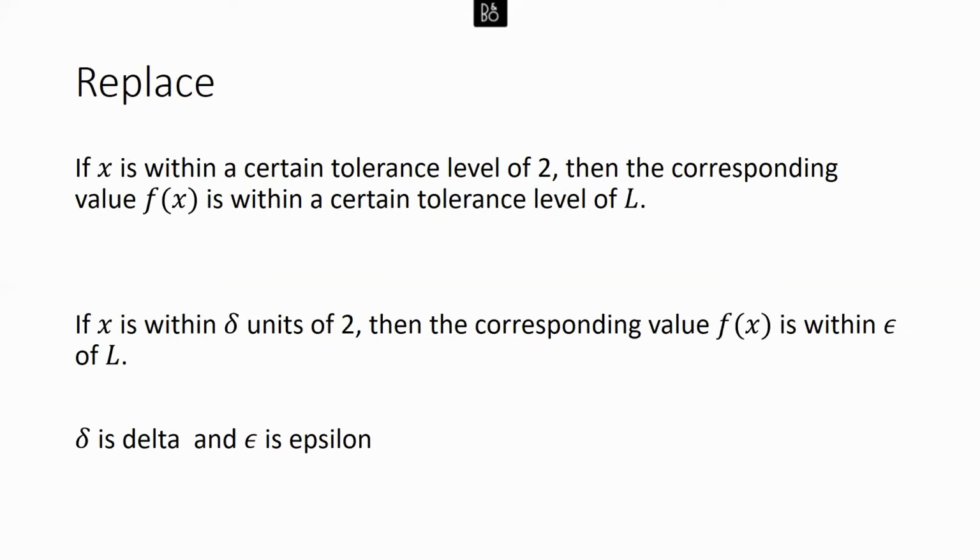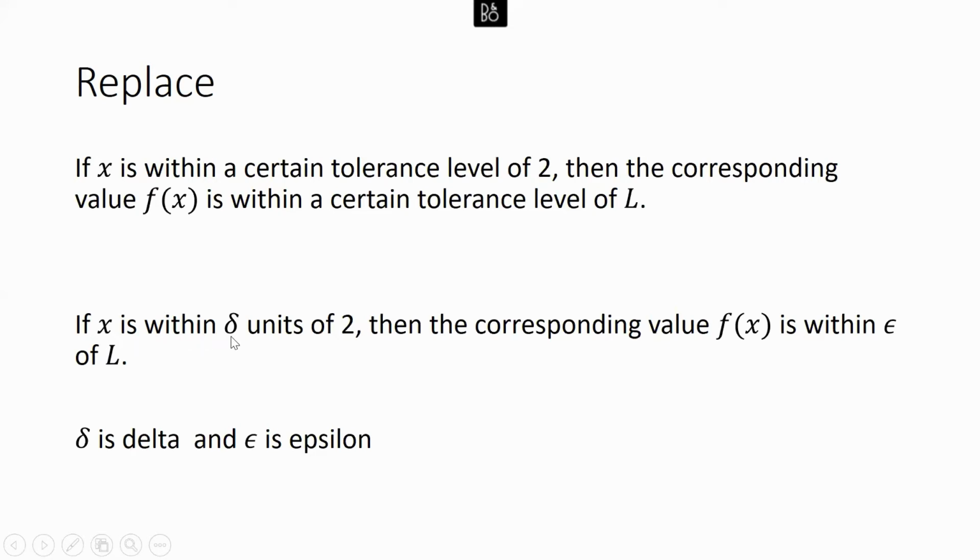Now, because those tolerance levels are not going to be the same, we're going to replace them with a numerical value or a variable. The variable that is historically used for the tolerance level for the inputs, x, is called delta.